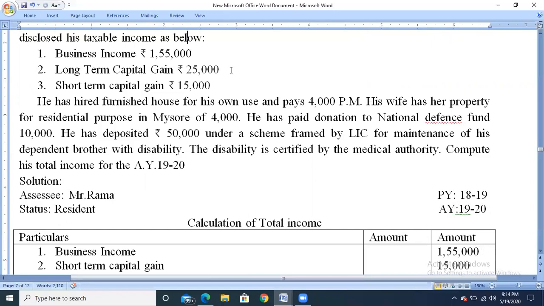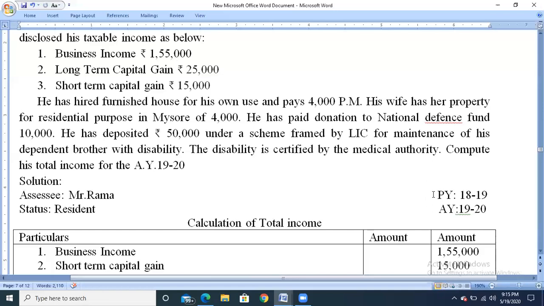Any long-term capital gain and any short-term capital gain liable for securities transaction tax will not be added to the gross total income. Such amount will be added after the deductions have been done. So here we are not going to take the long-term capital gain at the beginning. It will be added back at the end after making the deductions.